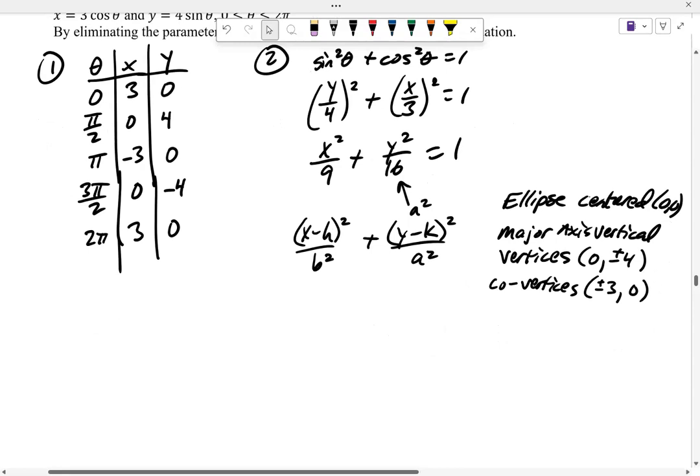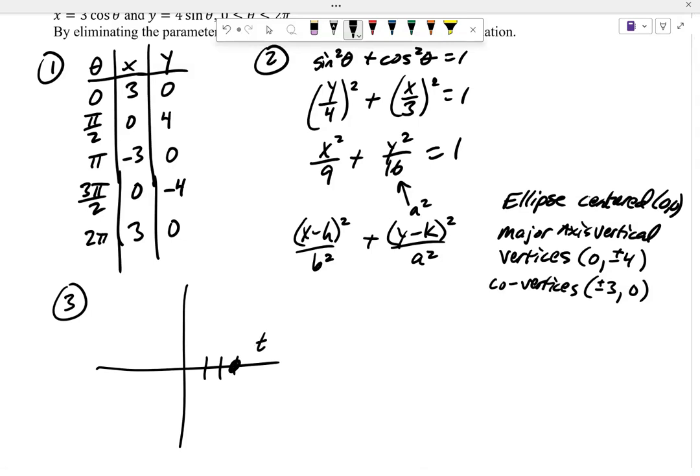But let's go ahead and sketch it now using our points. We start at 3, 0 with t being 0. We're going to go up to 0, 4. Then we're going to go to negative 3, 0. Then we go 0, negative 4. Then we go back to 3, 0.